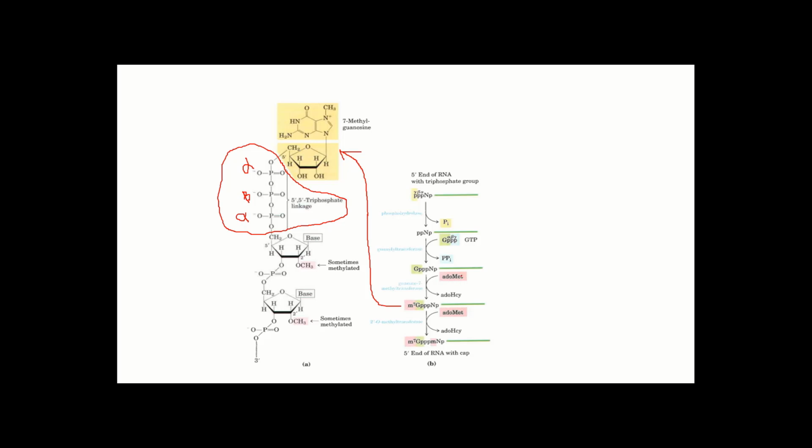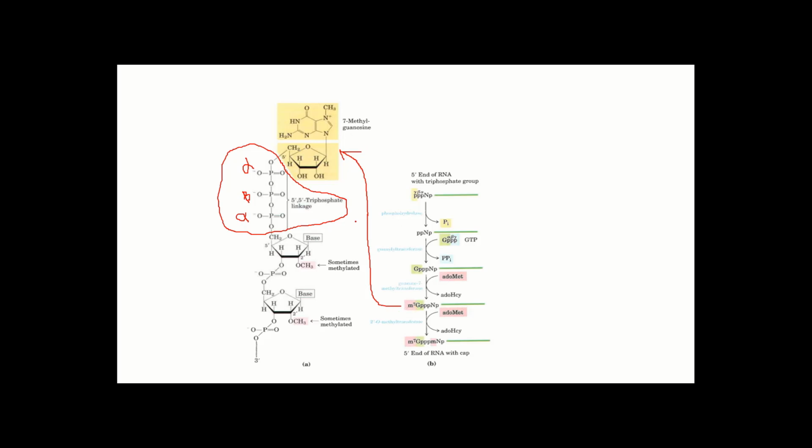This methyl group of methionine will be transferred to the N7 position of the guanosine, which is the G cap, and it will make 7-methyl guanosine. So it will form this complex where guanosine is methylated at the N7 position.